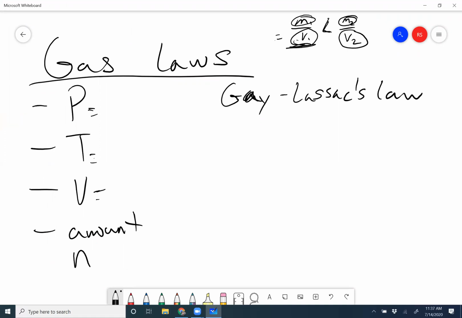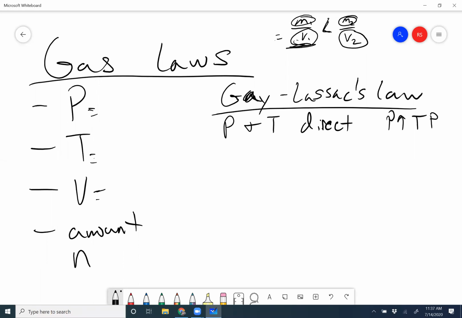Gay-Lussac's law is relating pressure and temperature, and he found that they were a direct relationship, meaning they both go up together. And this was holding volume constant and holding the amount constant.